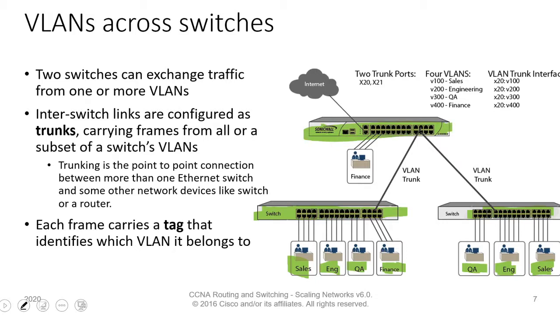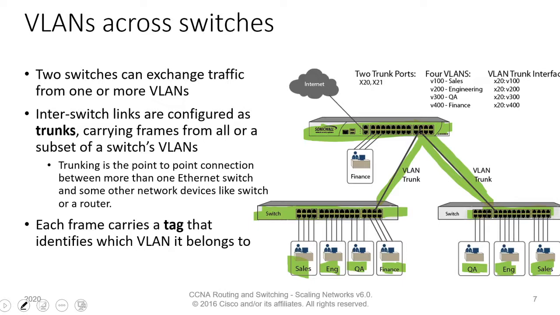Now if we want to connect them to another switch, then we may have to connect these two switches, or these three switches, using what is called a VLAN trunk. So a VLAN trunk is a point-to-point connection between two switches or similar devices. It is going to carry VLAN traffic, or information with VLAN information, across that link.